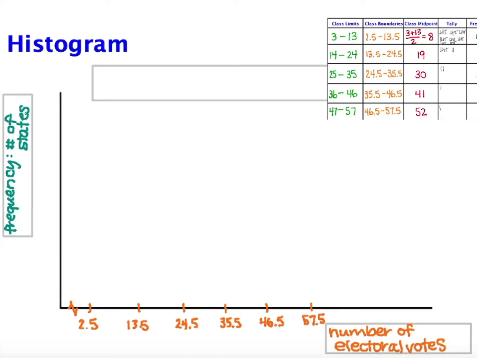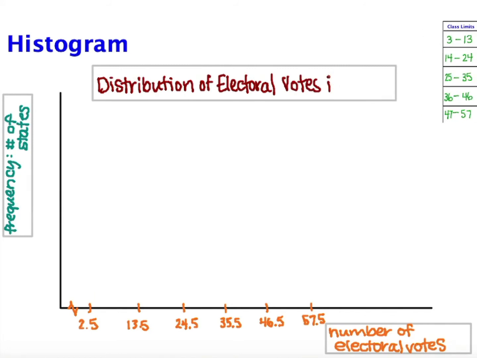And then overall, we're going to want a title. So I would say, since it's a histogram, it's going to show the distribution of electoral votes in the US.